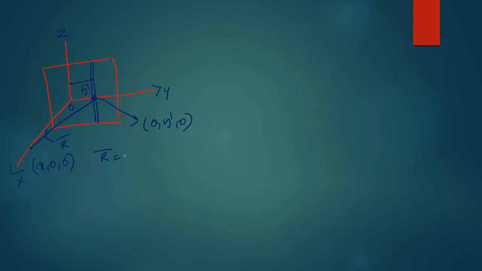So r bar is equal to observation point minus source point, that is x minus 0, which is x, and 0 minus y dash, that is minus y dash, comma 0. Okay, so now we know the electric field due to line charge is equal to rho L by 2 pi rho epsilon a rho cap.